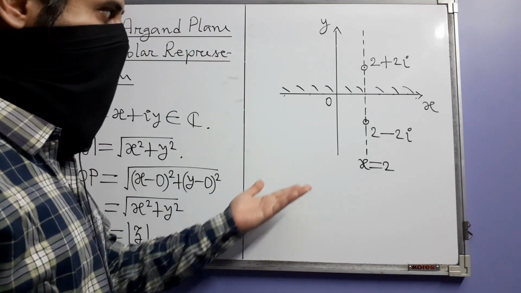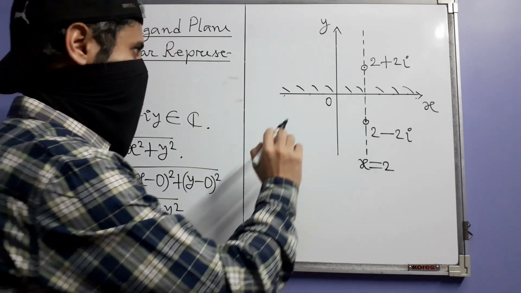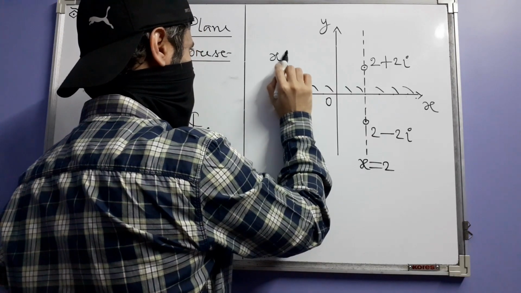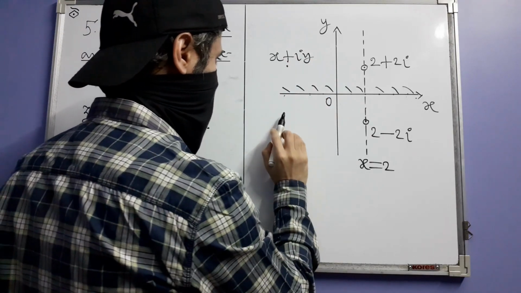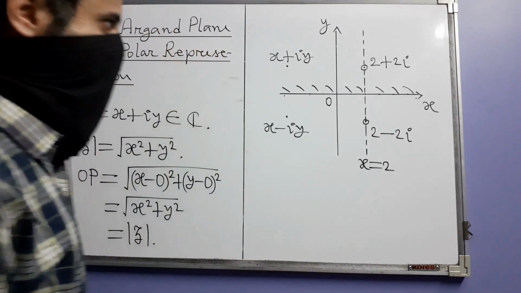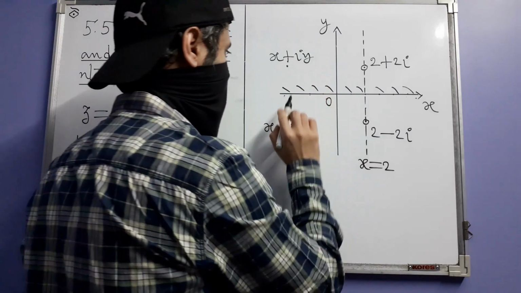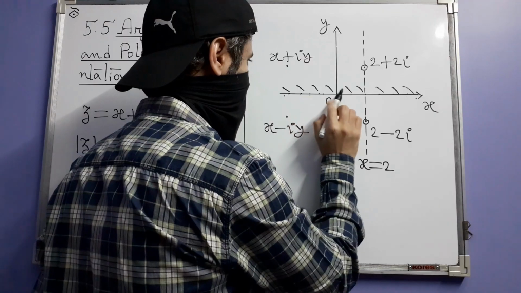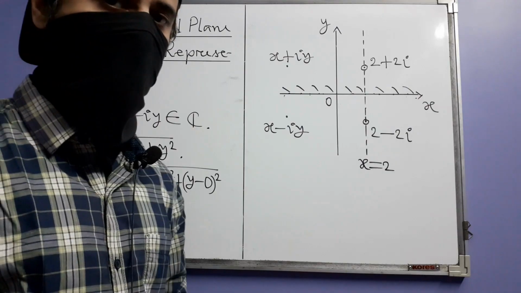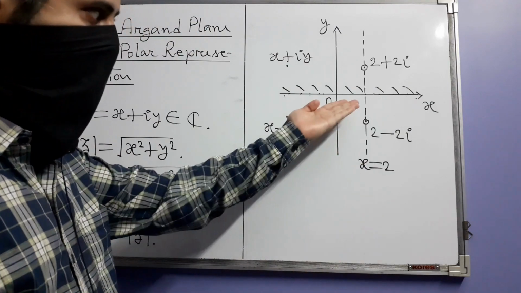And you can clearly see that the same thing will happen with any complex number, no matter where it is located. Say you have some arbitrary complex number here, then its complex conjugate will be its mirror image. And the numbers that lie on the real axis, that is the real numbers, are somewhat special in this respect because they will be their own mirror image, which we can see geometrically.